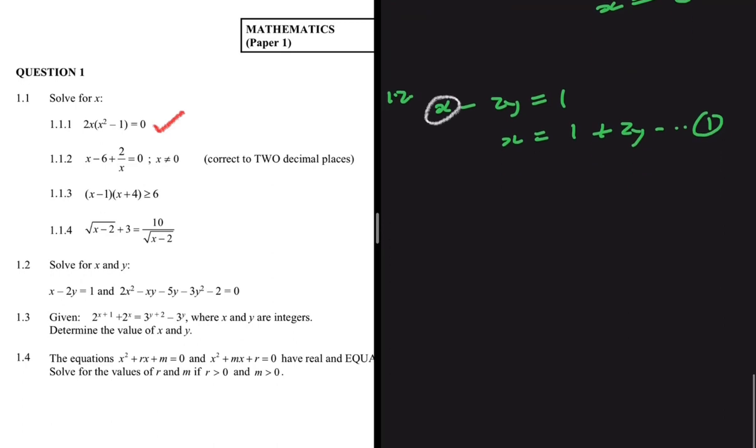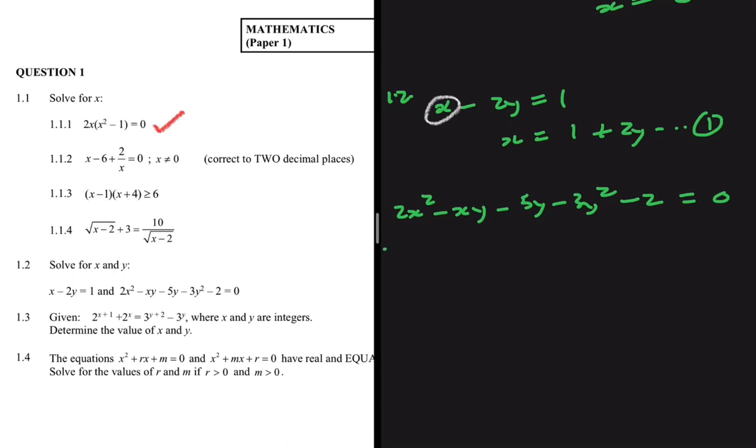The other equation we have is 2x squared minus xy minus 5y minus 3y squared minus 2 is equal to 0. If we substitute equation 1 into this equation, in place of x we put in 1 plus 2y.